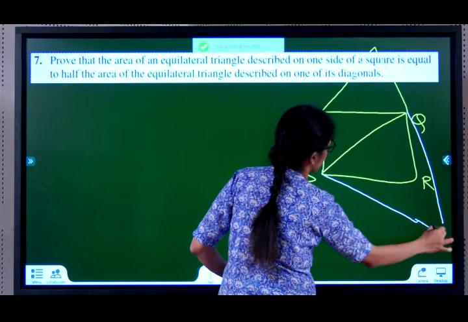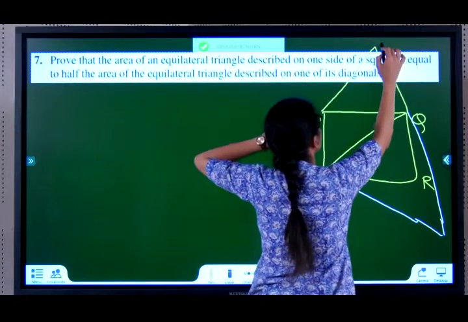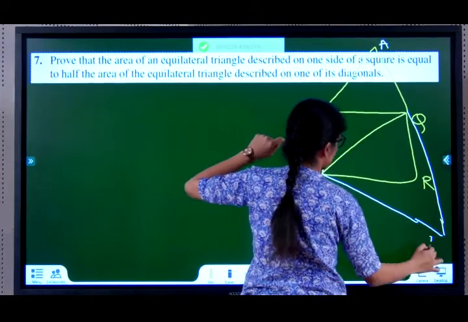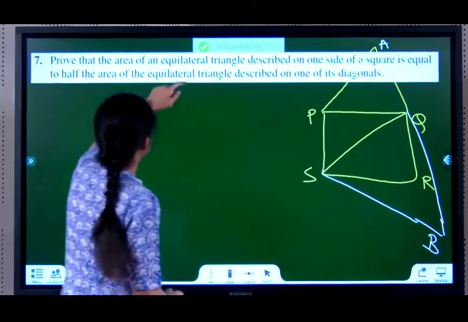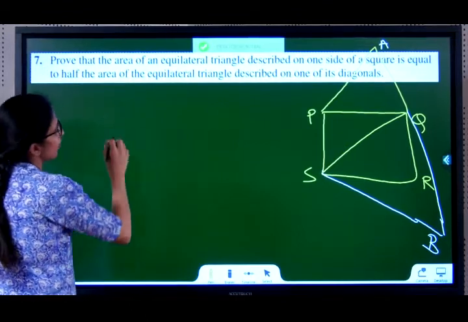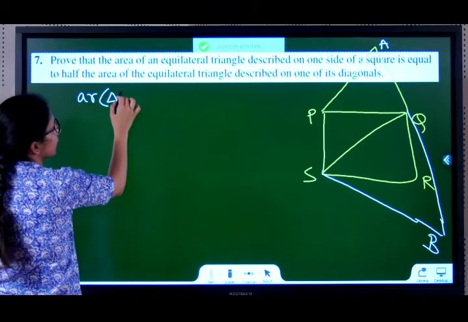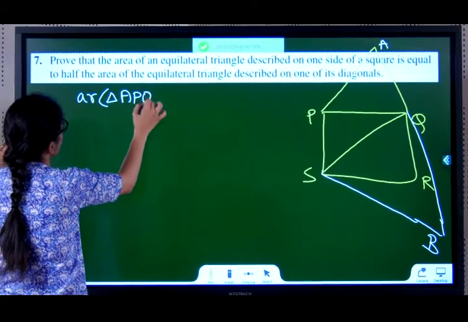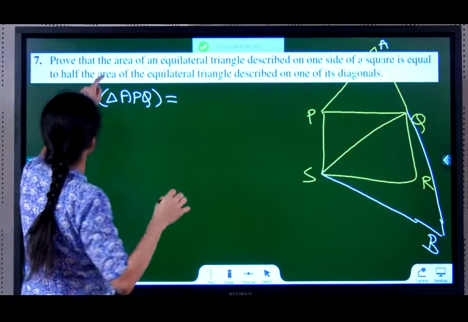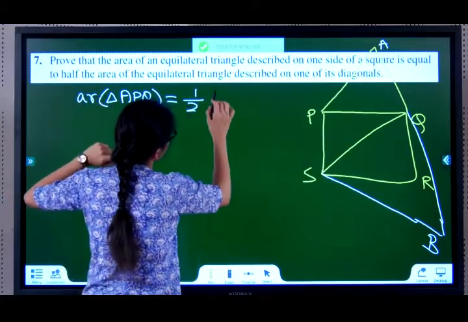Equilateral triangle here. So this triangle, let's call this as A and let's call this as B. Area of an equilateral triangle described on one side of a square. So area of triangle APQ is equal to half the area of the equilateral triangle described on the diagonal.